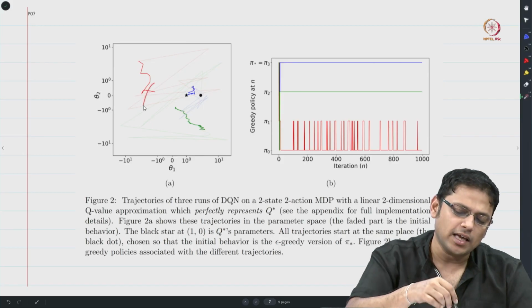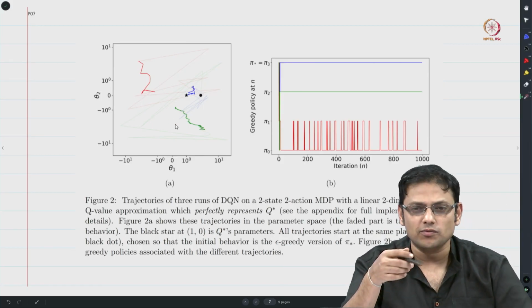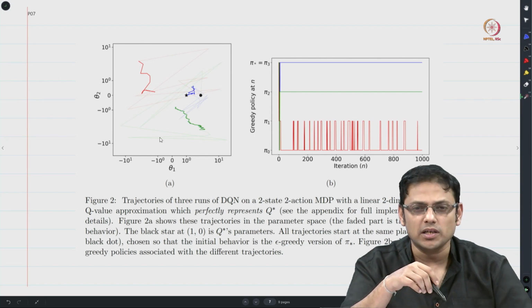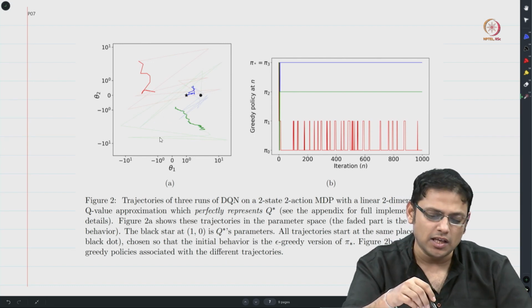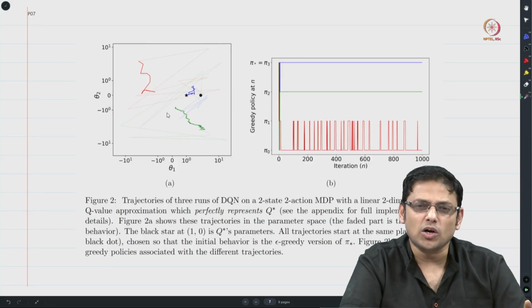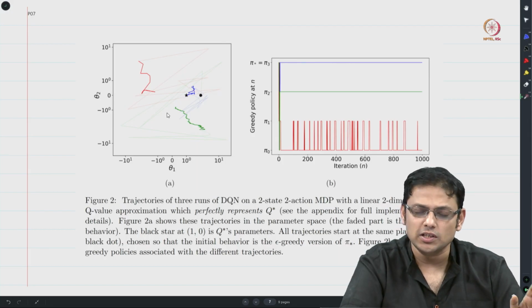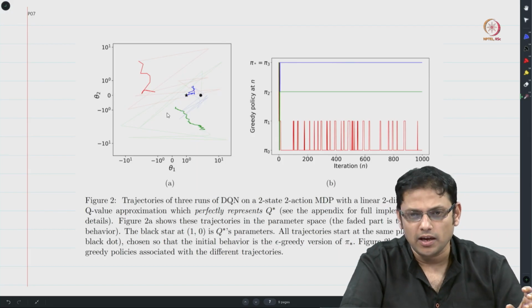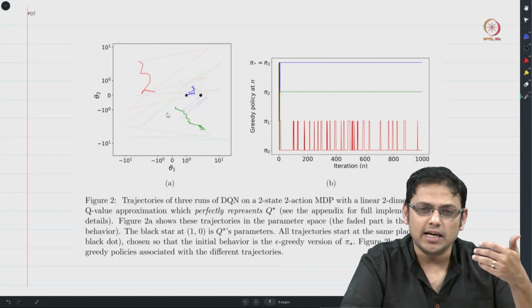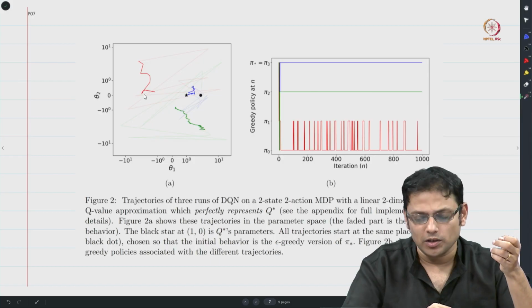On some runs it tries to settle here, on some runs over here, and only on a small subset of the runs did it actually manage to find q star. This behavior looked very interesting and also confusing for us, and we decided we would like to use our understanding of stochastic approximation theory to explain what is happening over here.